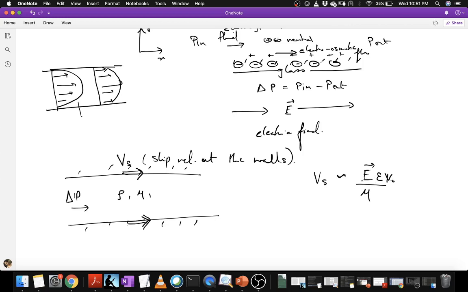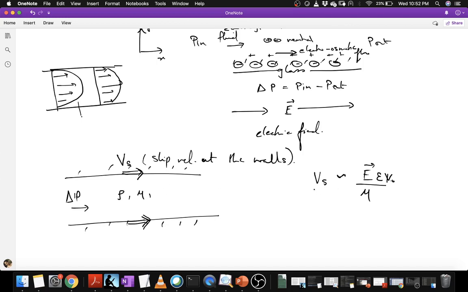The main point is if I increase the strength of the electric field, I'll have a stronger and stronger slip velocity at the wall, and if the viscosity of the fluid is very high, then that slip velocity decreases. This is because the effective slip is a competition between the forces exerted on the moving charges and the viscous drag exerted by the wall, which wants to make the velocity go to zero in the absence of the electric field.